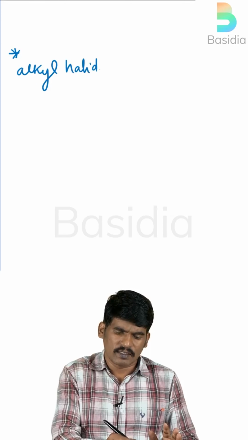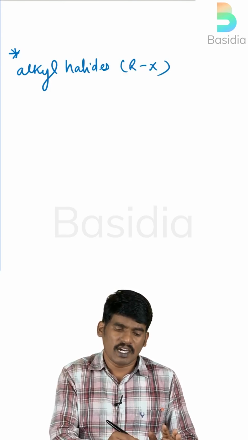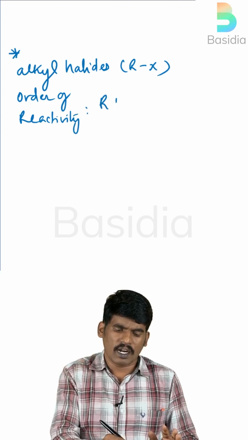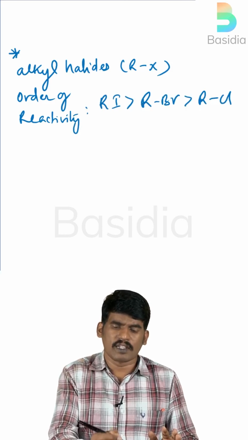And next, if you observe, in continuation of the previous reaction, we have taken alkyl halides as RX. Which alkyl halide is more reactive? The order of reactivity is RI greater than RBr greater than RCl.